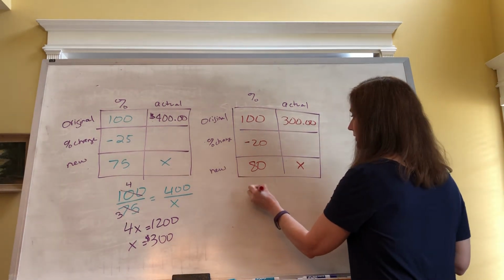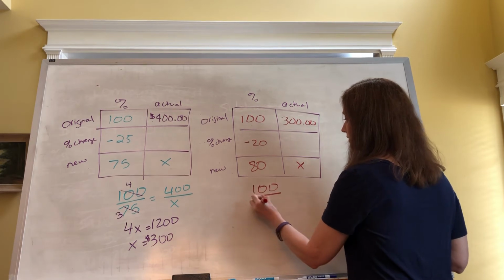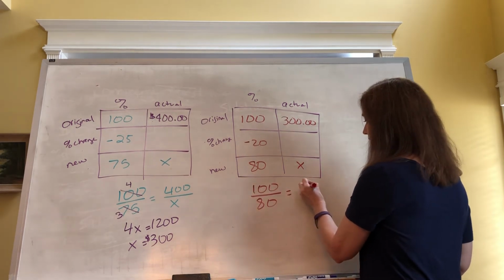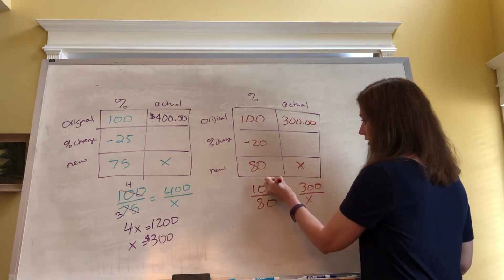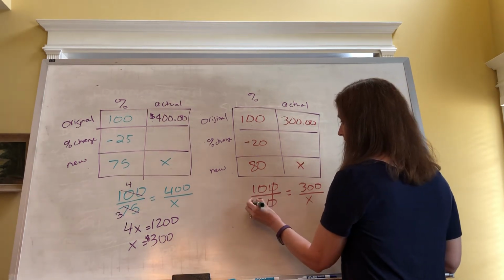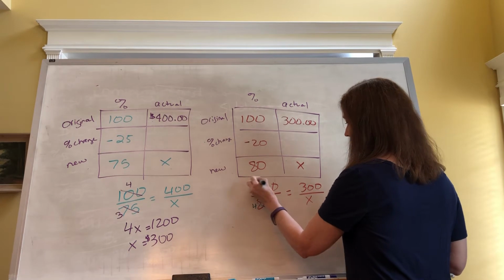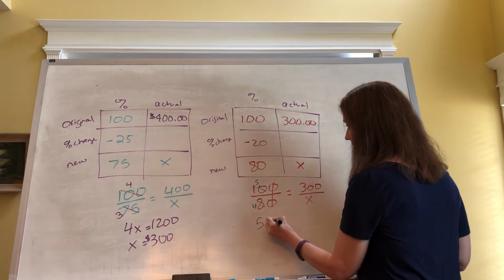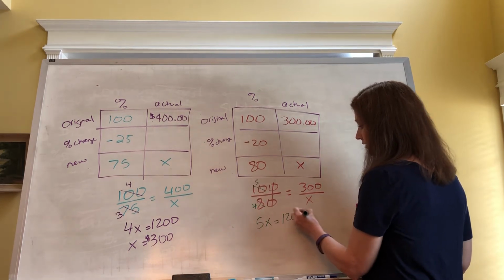All right, so again, we set up those ratios, and we can reduce down. So now I have 5x equals 1200.